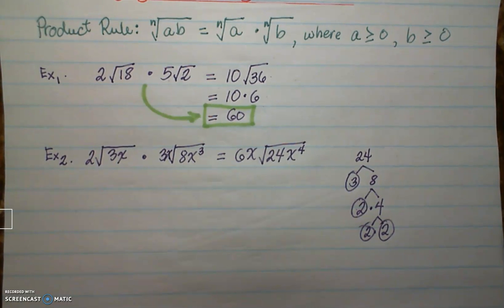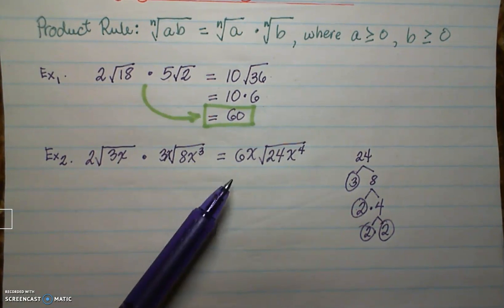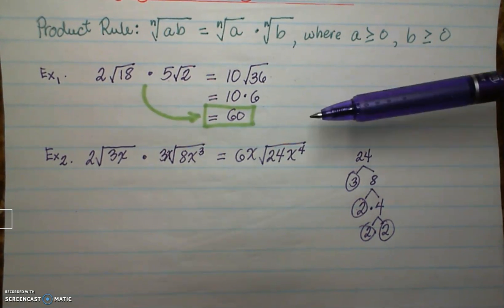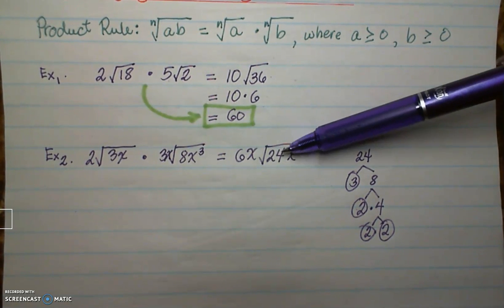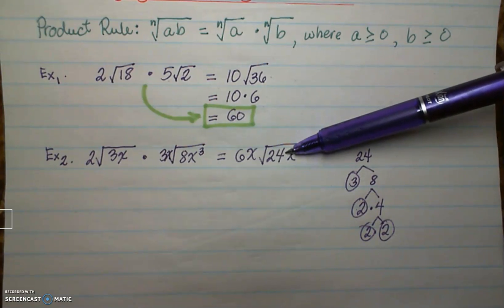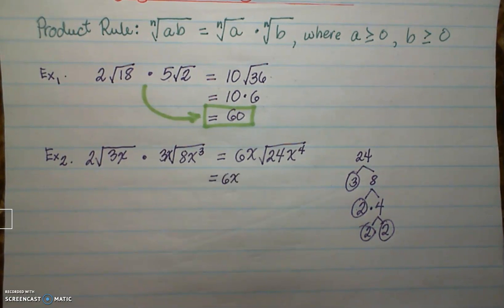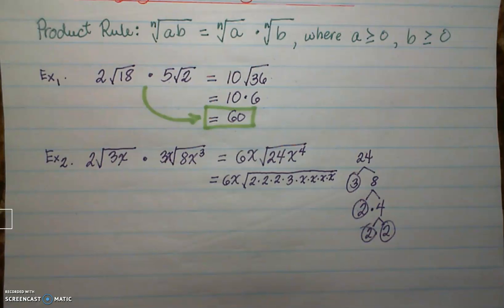After doing that, we copy this down and put all these prime numbers in place of 24. Now it's going to be 2 times 2 times 2 times 3, and then x to the fourth is x times x times x times x.